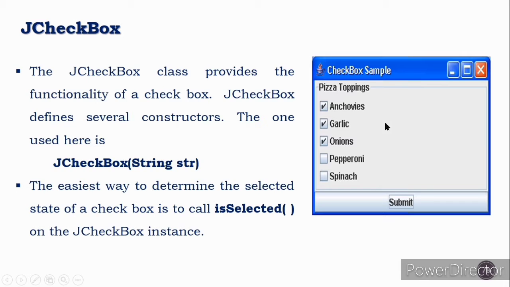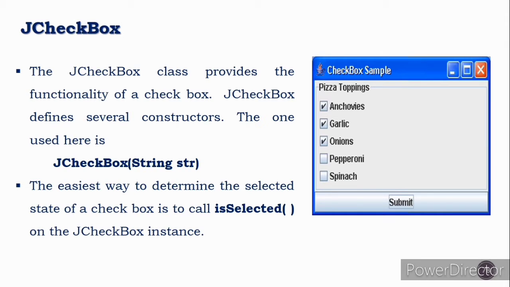See here, this is one checkbox sample. These are the checkboxes. Pizza toppings are given as checkboxes here. This is garlic, onions, different flavors they are displaying in the form of checkboxes. See this constructor JCheckbox, it is taking one string argument.